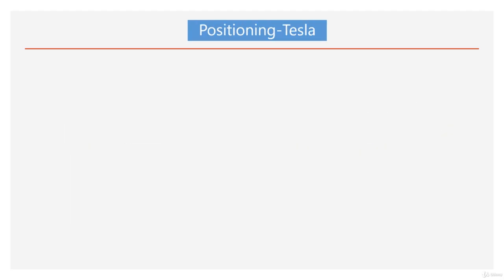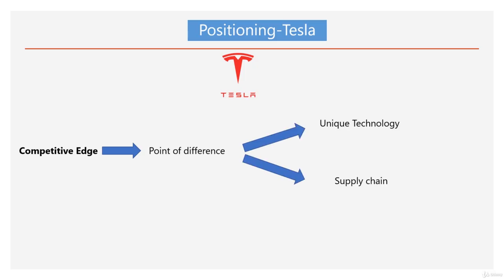Now, to simplify this position in a much better way, let's take an example of Tesla. And positioning which comes from point of difference gives a competitive edge. And this competitive edge, which is created by point of difference, is because of two factors. First one is the unique technology, and second one is the supply chain. Let's discuss technology. So basically, Tesla has self-driving technology, and also Tesla has long-lasting batteries, which means these batteries can last up to 25 years, which is a good figure.